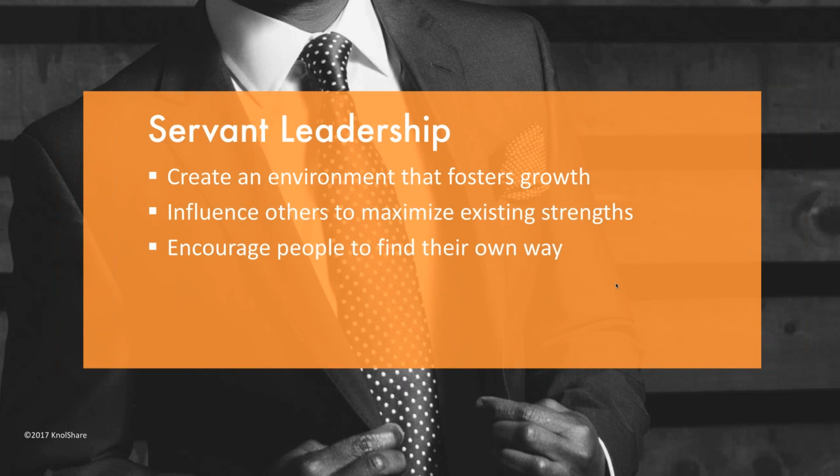Oftentimes, we want to position people in a certain way, but sometimes it's really about looking at the strengths that people may have and saying, I think you have the strength. Maybe you try to explore that and see exactly where you get to. And this is one thing that I like a lot, thinking about the path of awesomeness. How do you get there? How do you become this awesome producer in the organization?